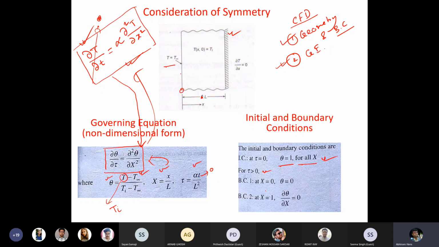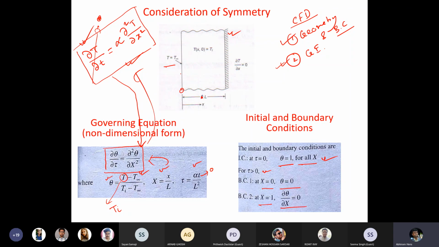The second boundary condition is that at X equal to 1, you have dT/dx equal to 0. If you transform it in this format, it will give you d theta by dX equal to 0.